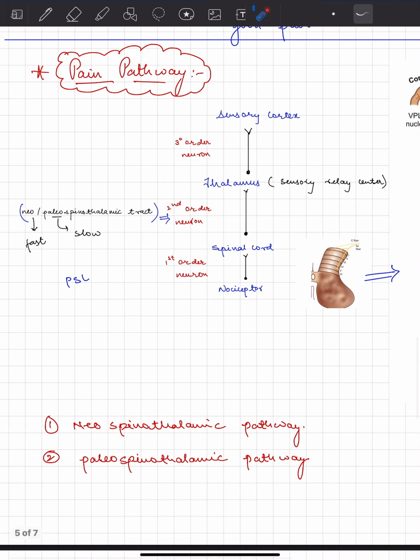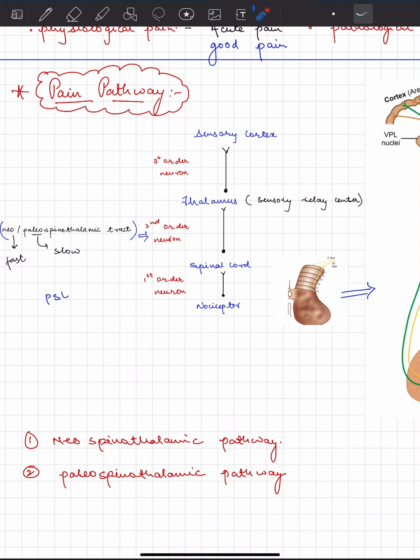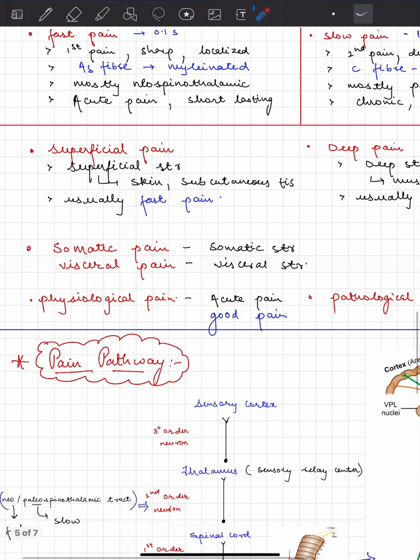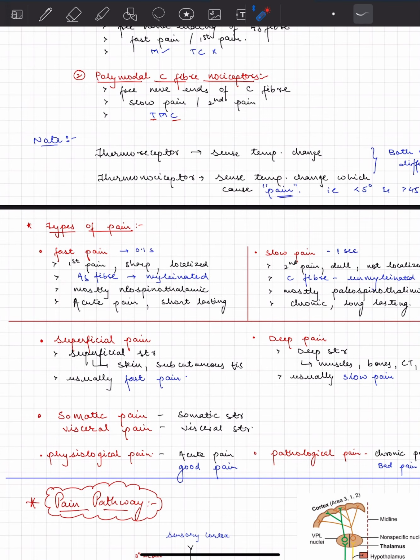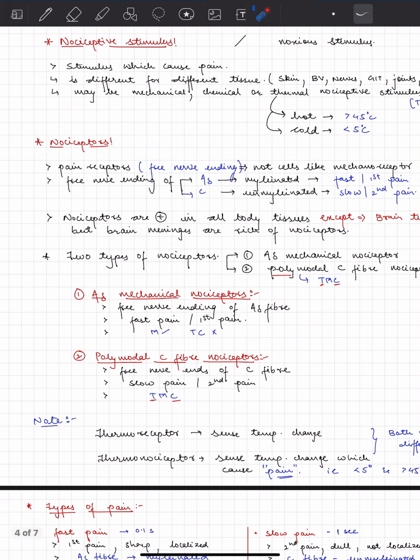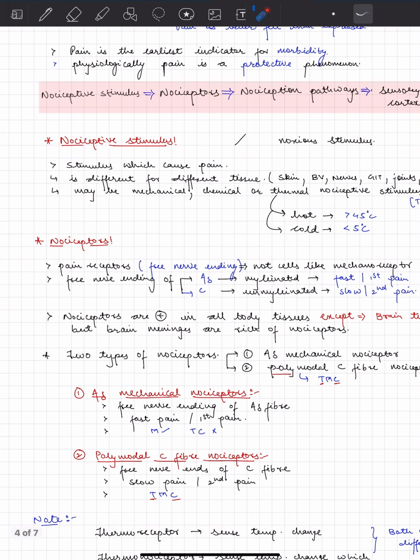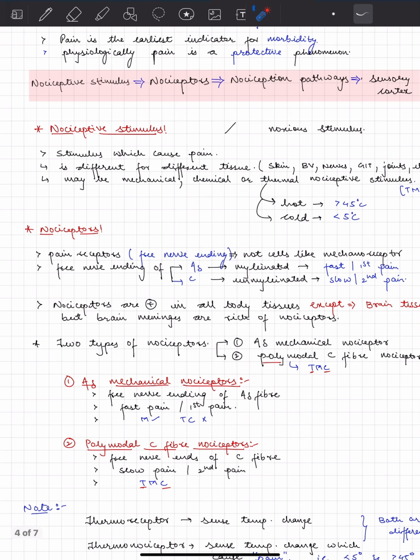Further, starting with the pain pathway, we have to understand what a nociceptive stimulus is and what nociceptors are. Okay, so starting with the nociceptive stimulus, also called the noxious stimulus: the stimulus which causes pain is called the nociceptive stimulus.